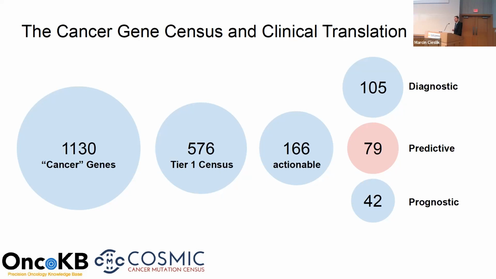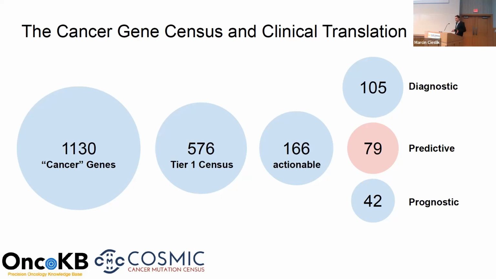A predictive mutation or a predictive biomarker means that knowledge of that mutation means that the patient can be given a specific therapy. In effect, we can predict whether a patient will or will not benefit from a particular therapy based on the presence or absence of that mutation. So if we look at that, only 79 genes out of those 1,000 carry currently such predictive information.